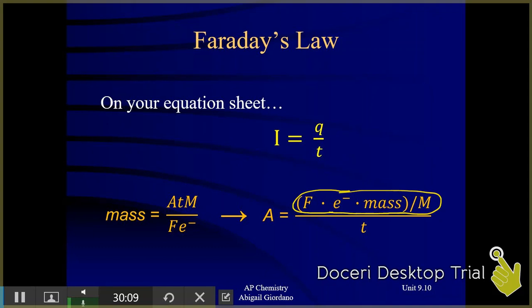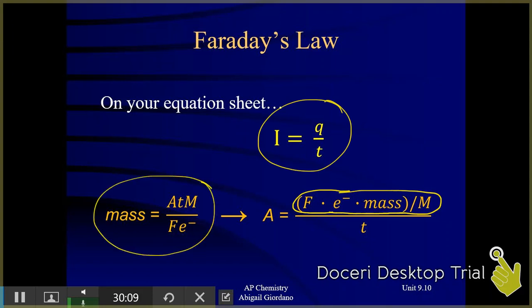The unit that works out when you multiply all of that and divide by the molar mass, you will come out with coulombs. And t is time on the bottom. So Faraday's law here is really just this shortcut equation rearranged. Okay, so I just wanted you to be aware of what this equation is. I don't imagine you will use it too often, though.